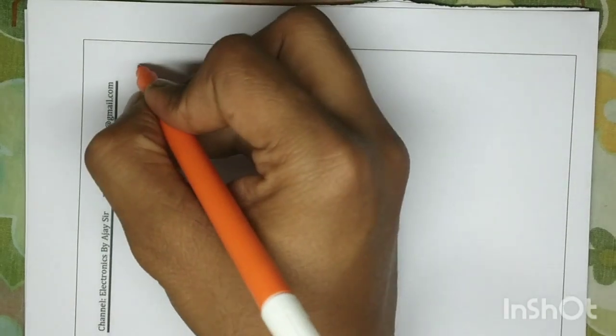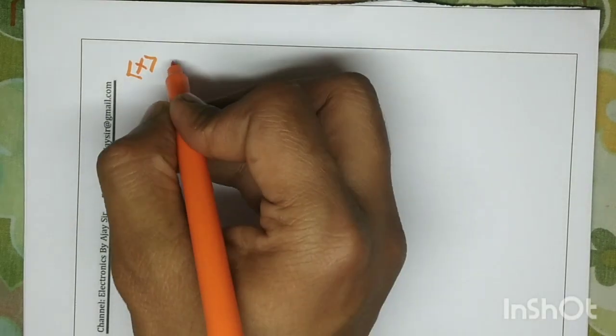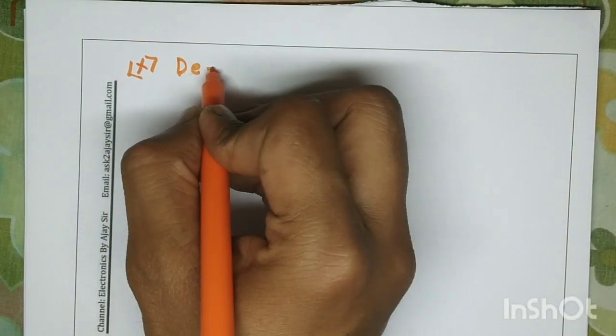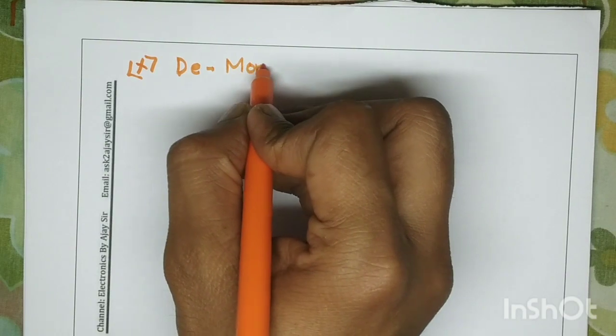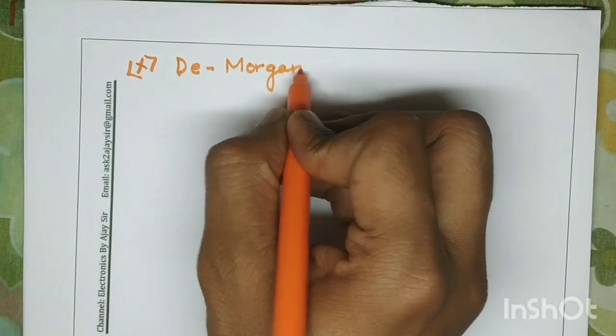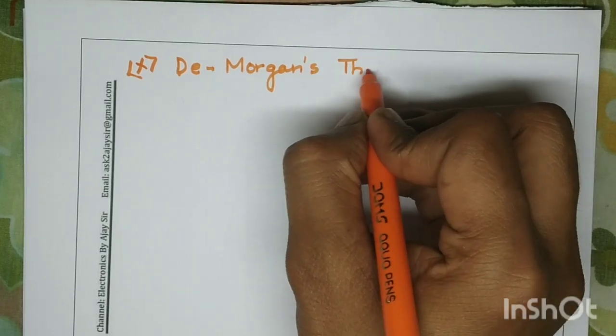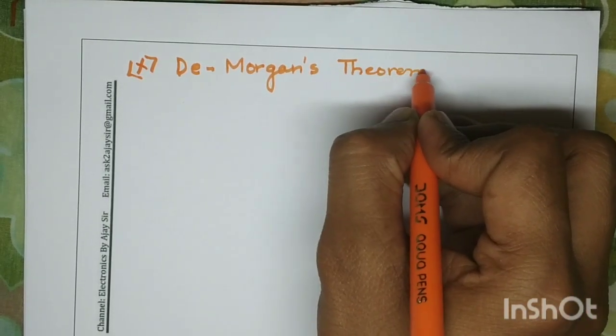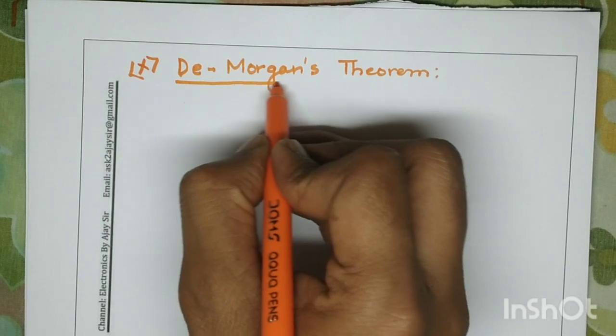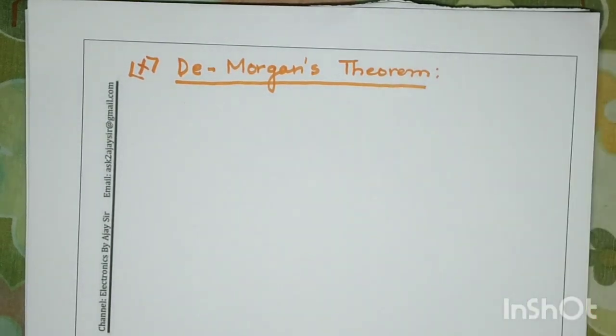And the last law is very important, and this is called De Morgan's theorem.